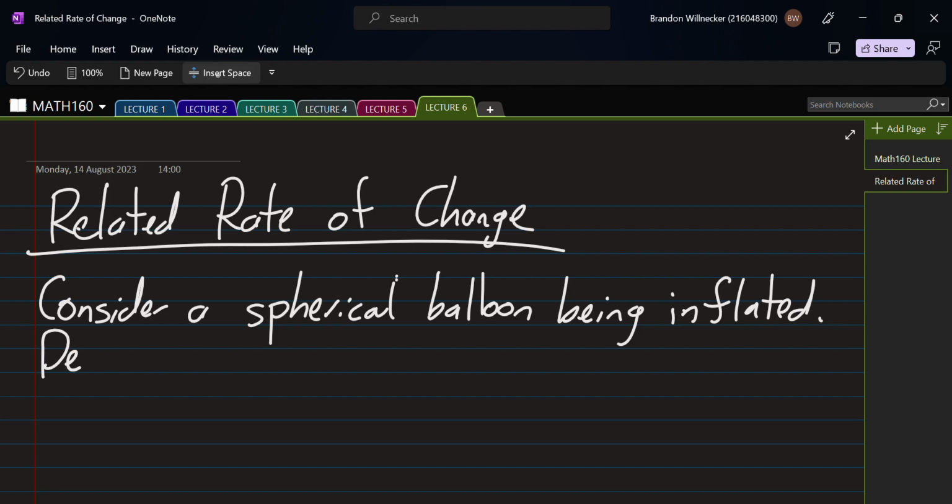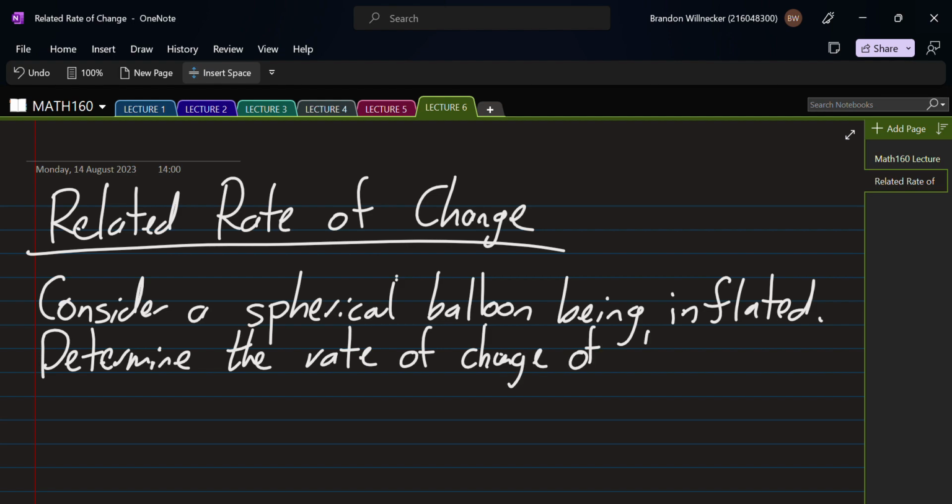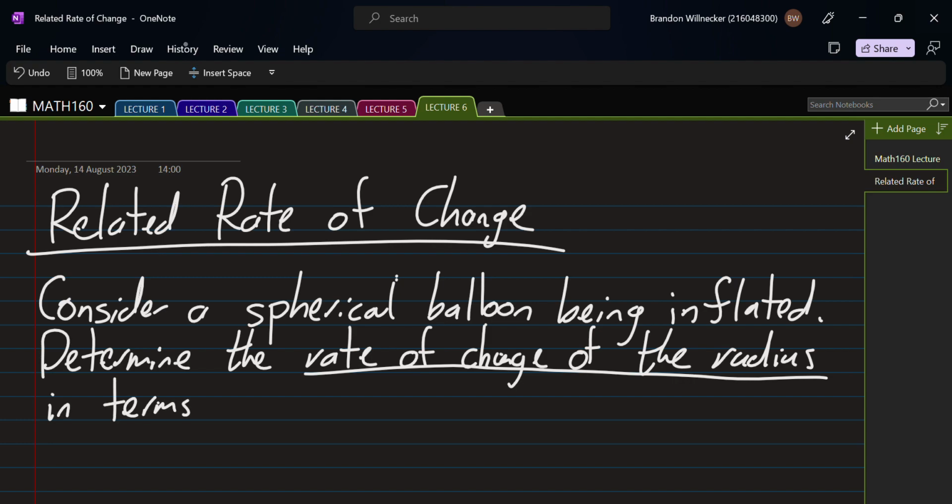Determine the rate of change of the radius. So that's the first one, rate of change of the radius in terms of the rate of change of the volume.